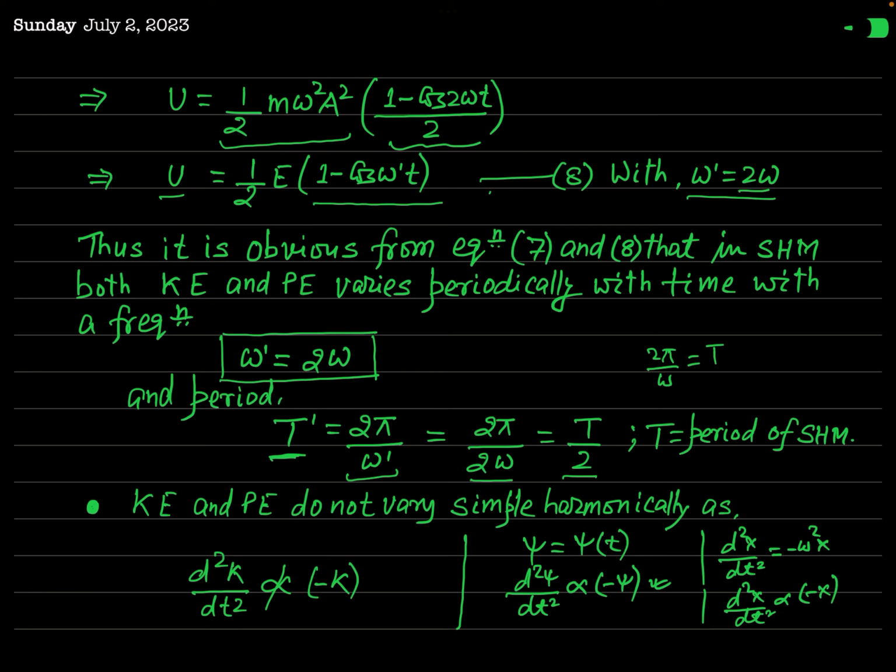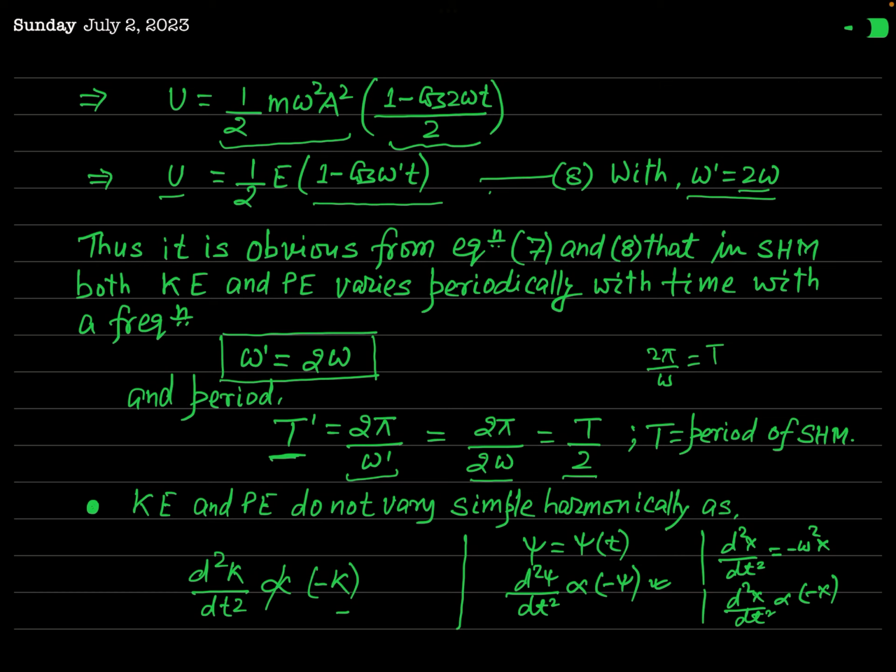Then you say that this x varies simple harmonically. So if your aim is to prove that K and U do not vary simple harmonically, you should find its second order time derivative, and you should see whether it is proportional to minus K or minus U or not.